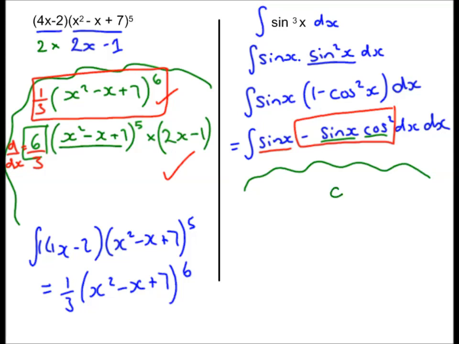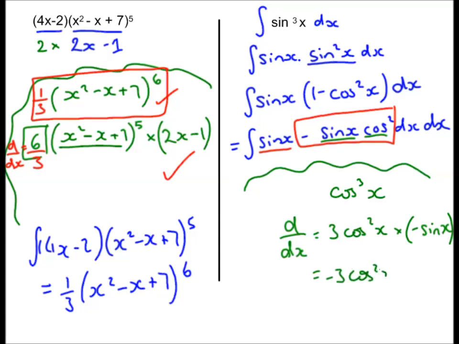So I'm going to say we have cos cubed x, and when I differentiate that, so I'm going to say d by dx, the derivative is equal to, I times by the power, and then I take 1 off the power, but then I need to use the chain rule. So I'm going to differentiate my cos x, and I get minus sine x. So this is equal to minus 3 cos squared x sine x.